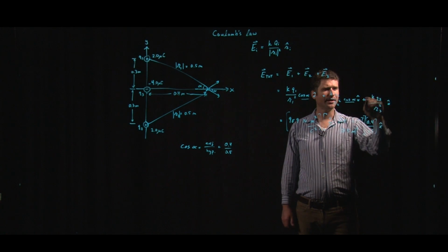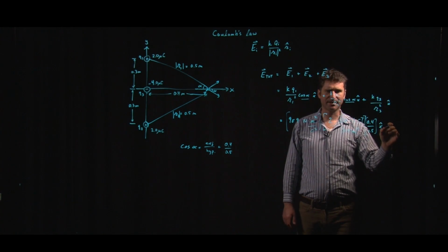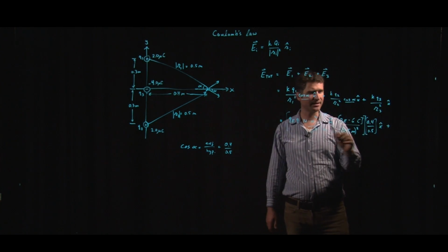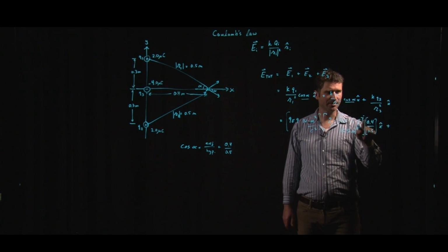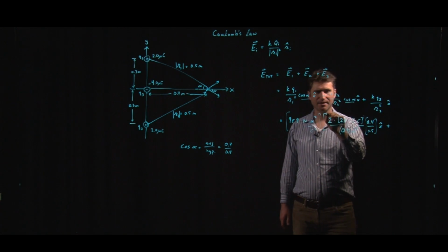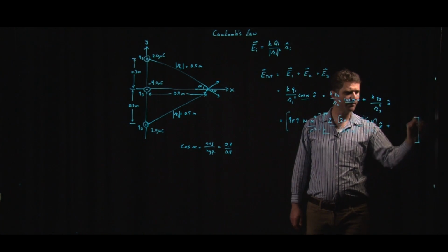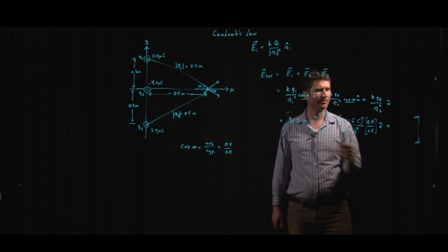And then this part here, I'm going to just change my parentheses a little bit so that all of this can include this term here, since we have a k that's in common with all these.